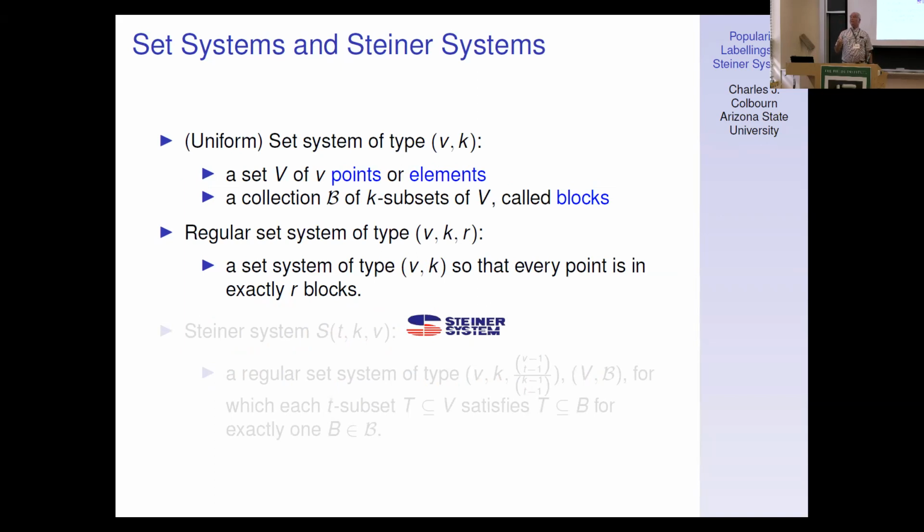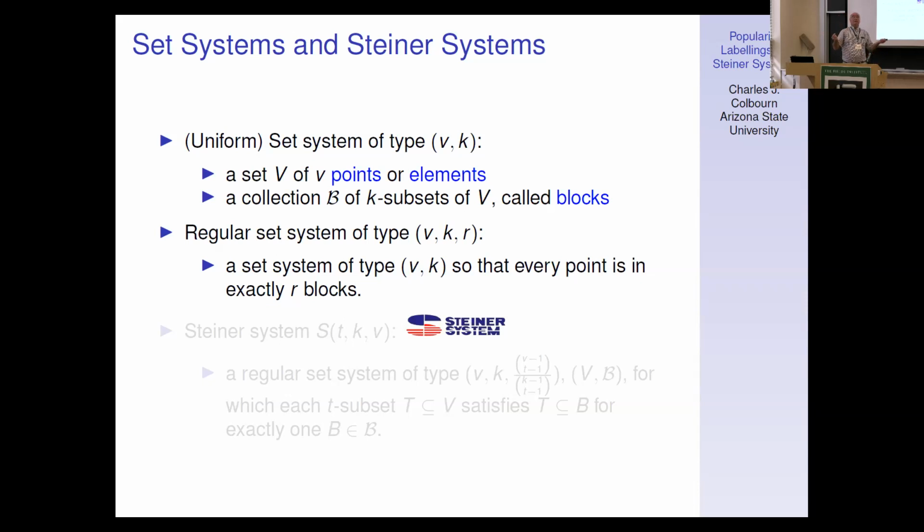So we're going to be interested in set systems that are uniform: a finite collection of points or elements, and a collection of subsets of those elements called blocks typically, but we're going to be asking that it's uniform in the sense that all of the blocks have the same size. We're also usually going to be insisting on regularity, that every item appears in the same number of blocks. It has the same replication number.